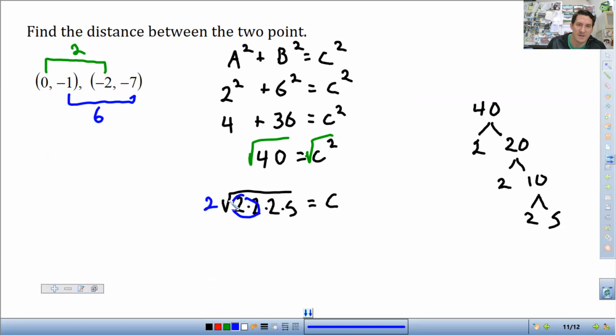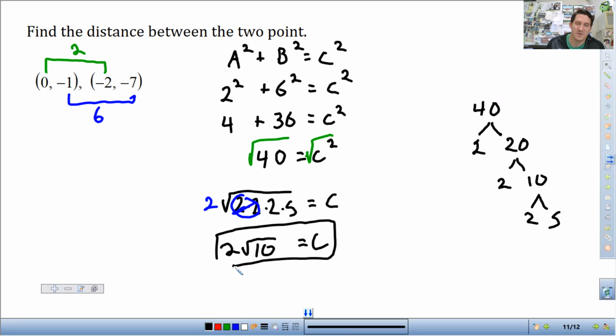A pair of 2s, one goes on the outside. Cross it out, so you get 2 on the outside, and 2 times 5 is 10 on the inside. So the distance between those 2 points is 2 square roots of 10.